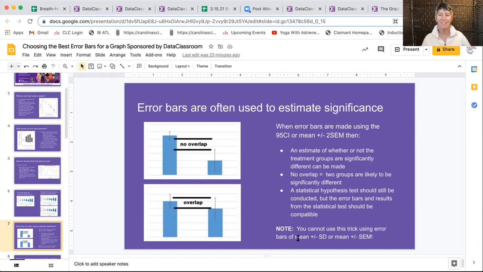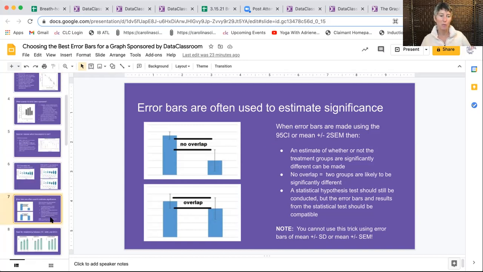So beware if you've told your students otherwise. They can only use this little quick trick if they're using the 95% confidence interval or two standard errors of the mean for their error bars.